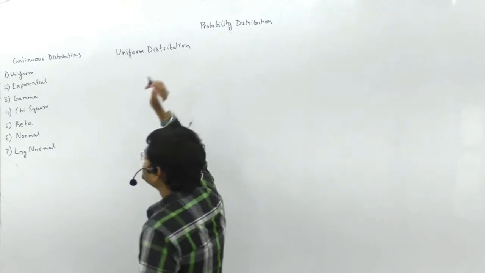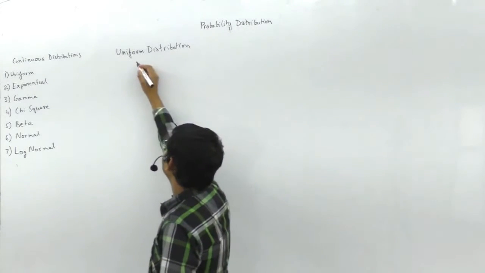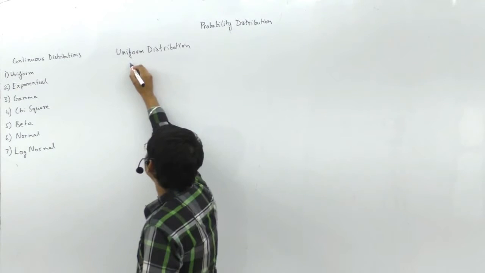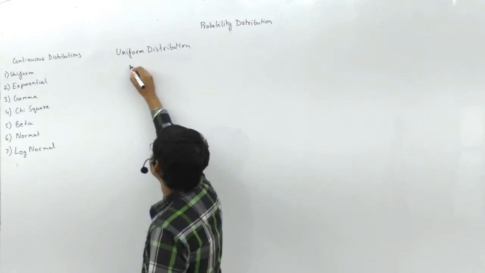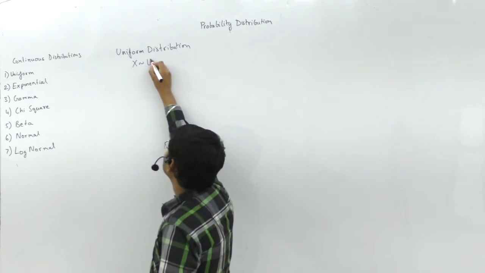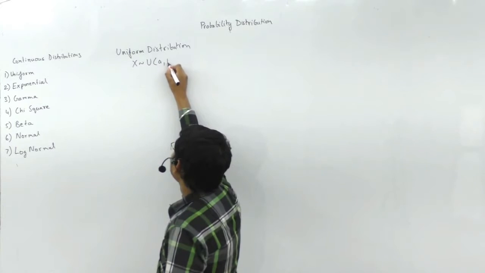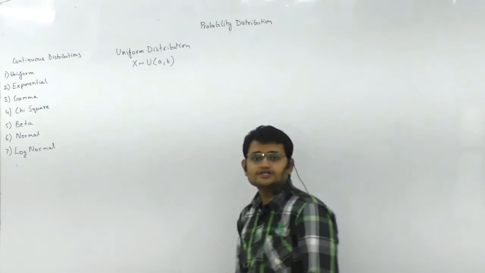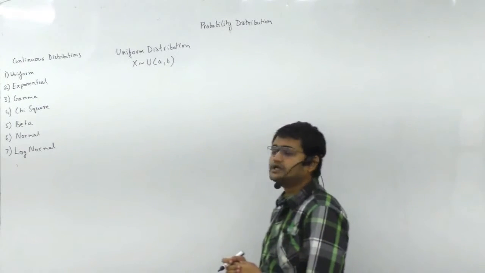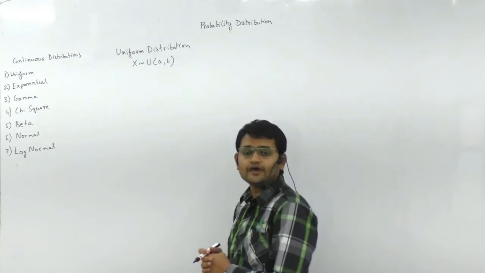Now for discrete uniform distribution, we did not have any notation, but for continuous uniform distribution, we have, let's say, our x variable follows uniform U with parameters a, b. Now these parameters a and b are nothing but the limits of our values of x.